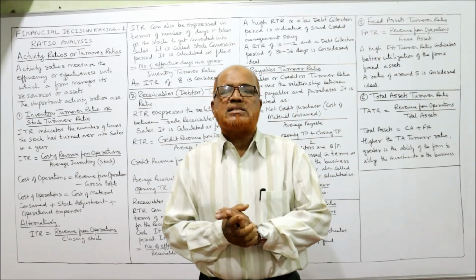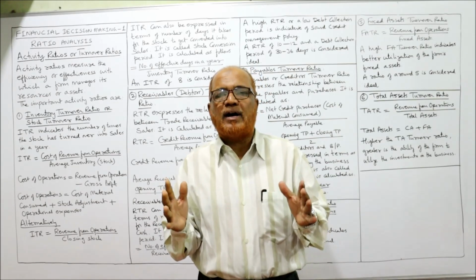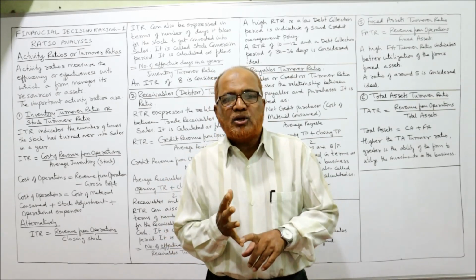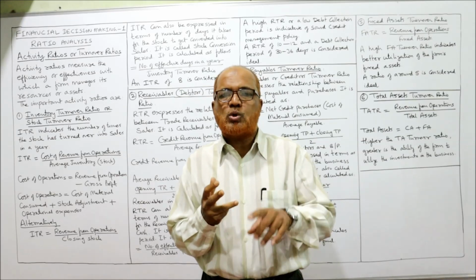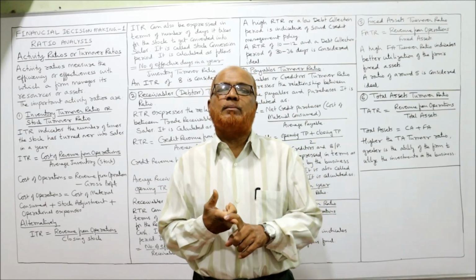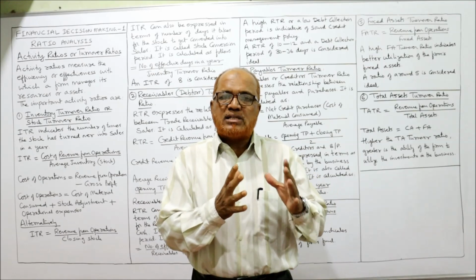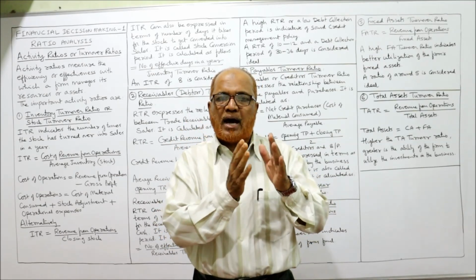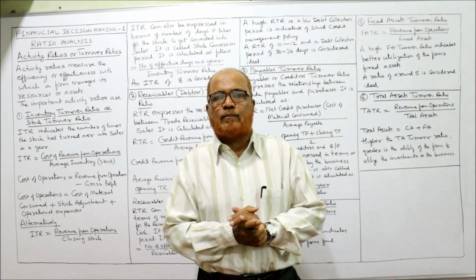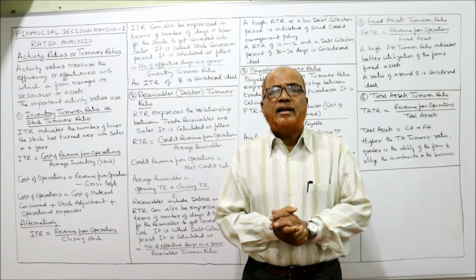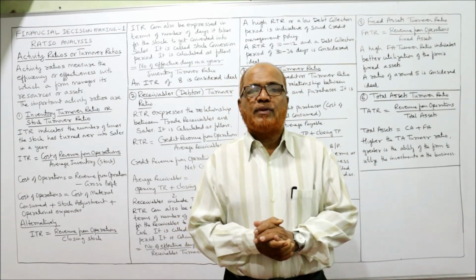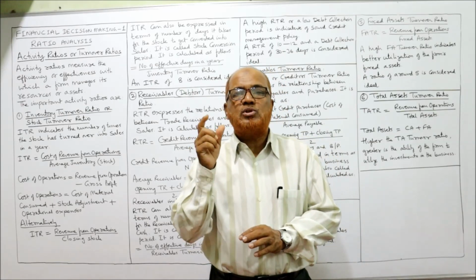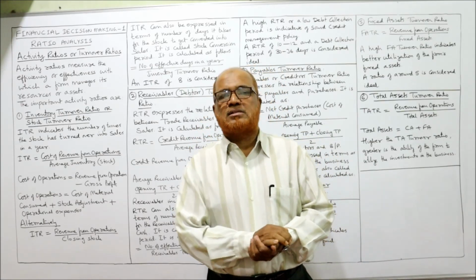According to functional classification, the ratios are classified into liquidity ratio, capital structure ratio, activity ratio, and profitability ratio. In the last video, I explained two ratios, that is liquidity ratio and capital structure ratio. Liquidity ratios are those ratios which show the short-term solvency position of the business.